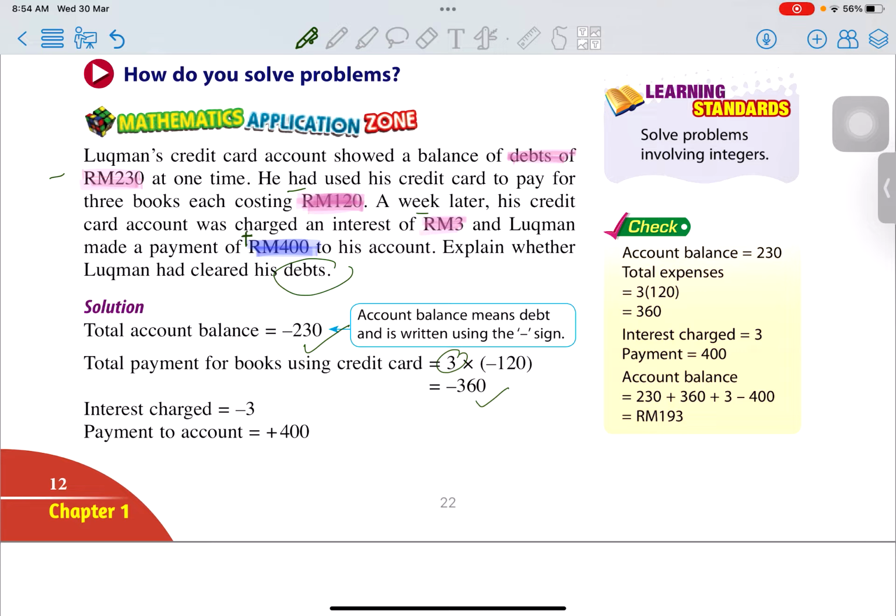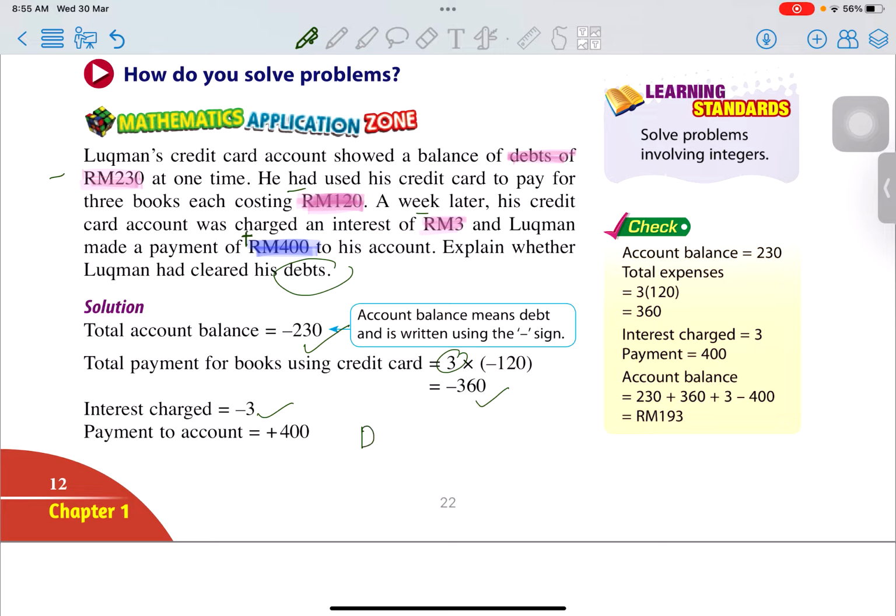Because he paid using his credit card, not cash. And then the bank charged him the interest of RM 3, also negative. After that he paid only RM 400. So we want to know whether Luqman has cleared his debt or not. Firstly you must know what the total expenses and debt are.